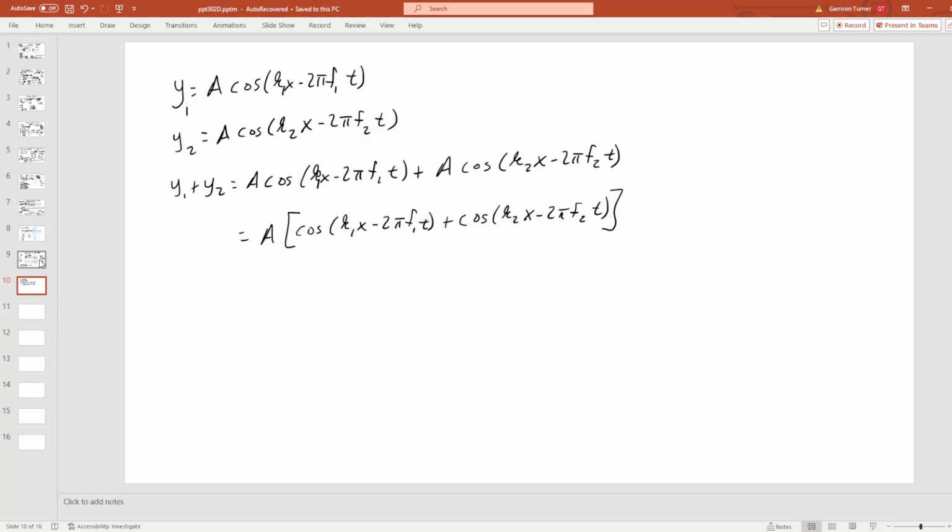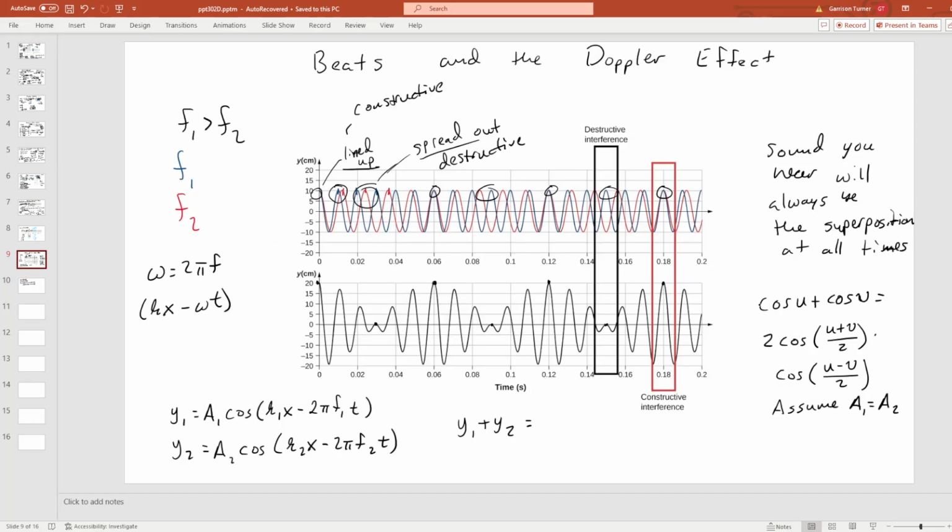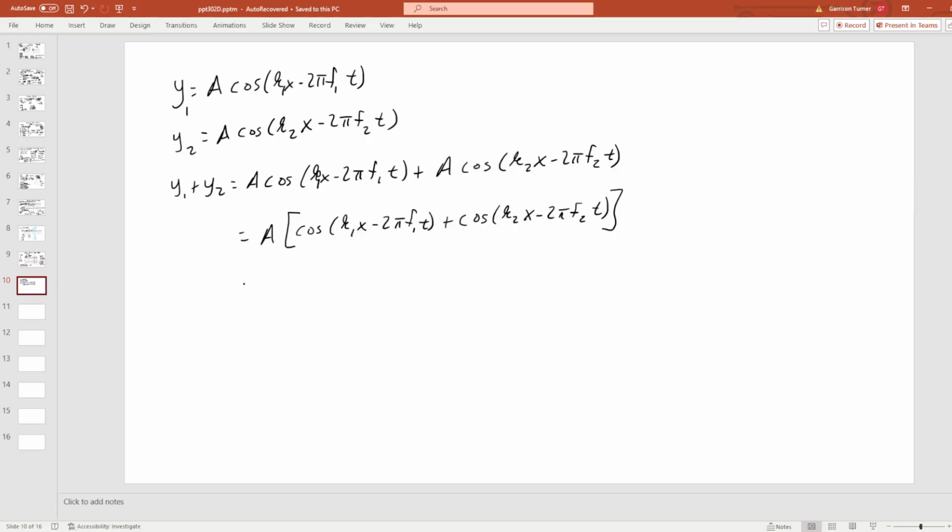And so now we employ this rule, that the cosine of u plus cosine v equals 2 cosine of u plus v over 2 times cosine of u minus v over 2. It's a mouthful, but the result is A times 2.